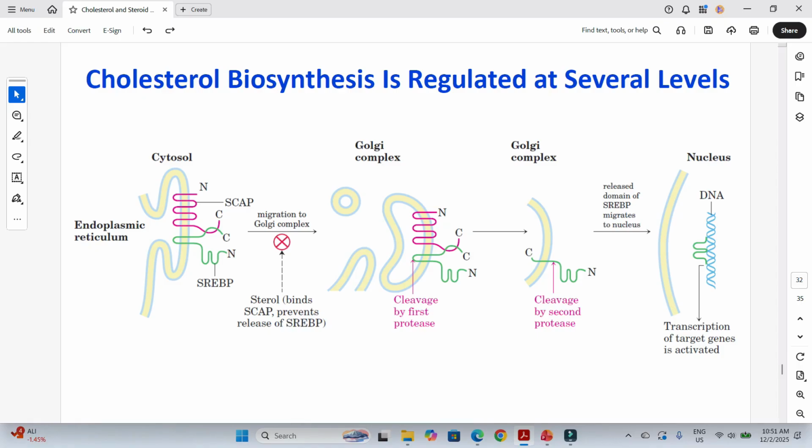So this just tells us that the synthesis of cholesterol is regulated at the level of transcription. I think I mentioned it before that the cell or the living system essentially prepares itself for a metabolic pathway by synthesizing enzymes necessary for it.